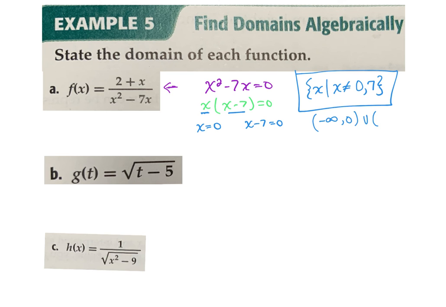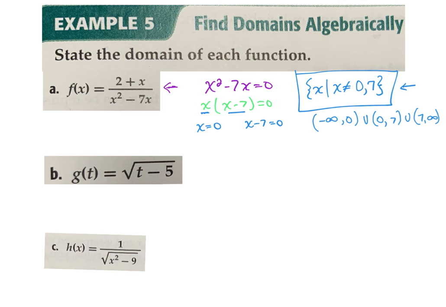We have to do from negative infinity to 0, 0 to 7, 7 to infinity. For these, I actually prefer set builder notation because the interval is weird, because you have to really say from negative infinity to 0, not including 0, 0 to 7, not including either one of those, 7 to infinity. So you're basically just saying any number except 0 and 7.